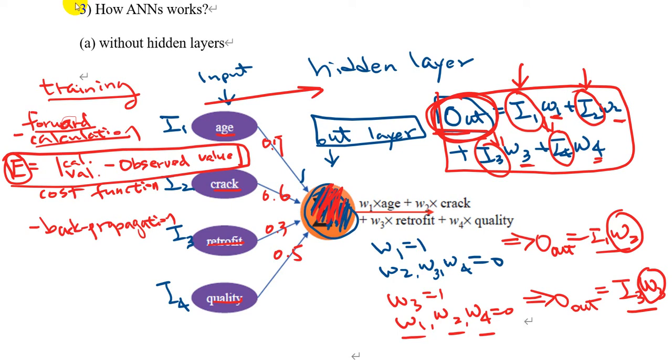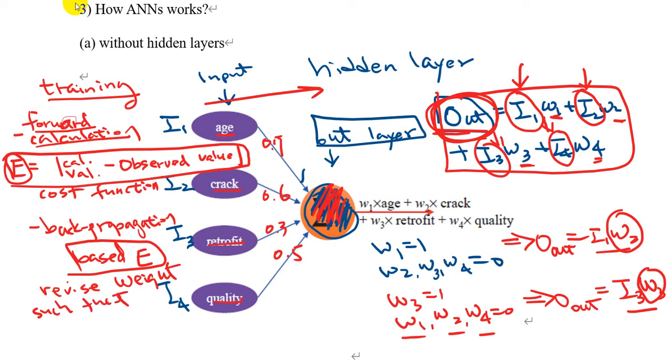When you do the backpropagation, you calculate based on the error, and you try to revise the weights such that your error goes small, eventually going down to zero. So you do the forward calculation, then you go backwards knowing your error value and revise your weights such that your error becomes very small, or eventually converges to zero.